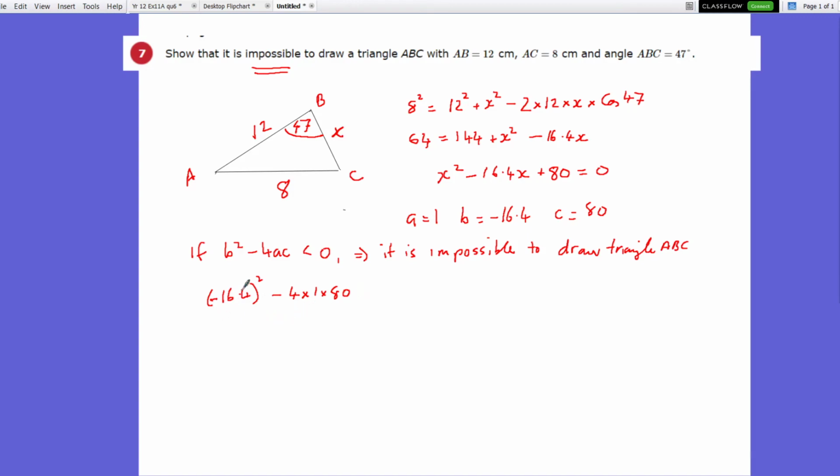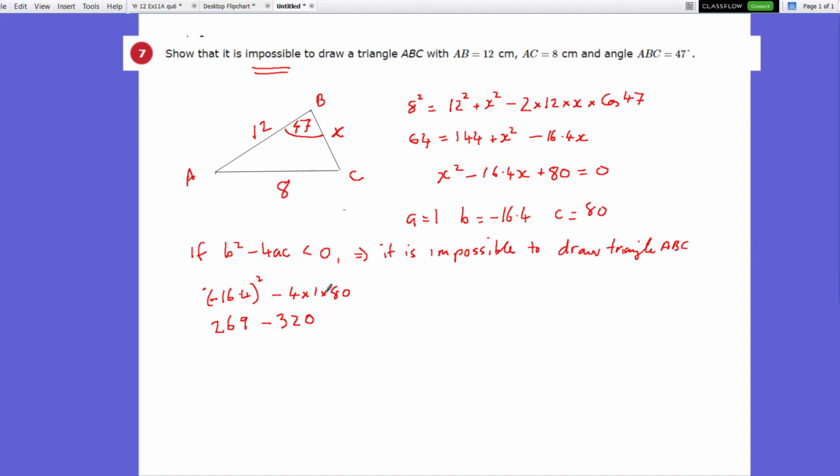So minus 16.4 squared, two negatives make a positive, so we just get 16.4 squared, which gives me 269, rounded up, minus 4 times 80, which is minus 320.